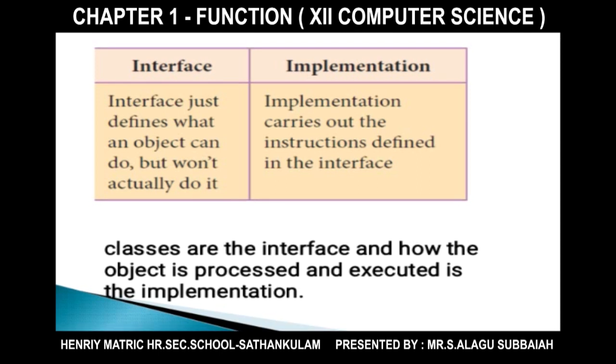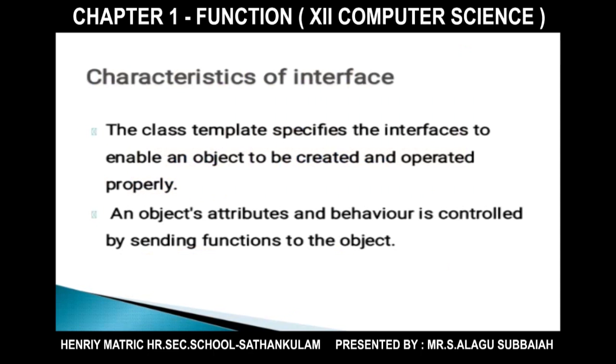So finally, in our object oriented programming language, classes are the interfaces and the processing and executing of objects is called implementation. So we'll see the characteristics of the interface, how the interface will be and what the work of the interface is. First, one class specifies the interface to create an object and operate it.